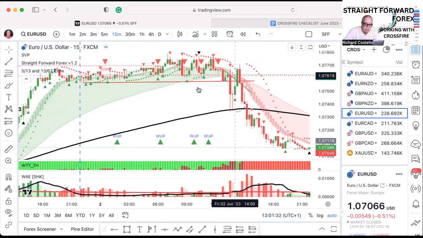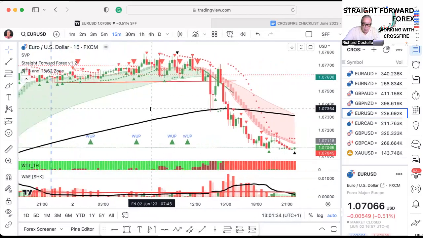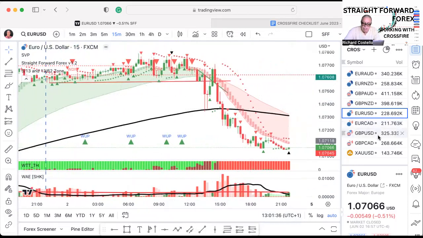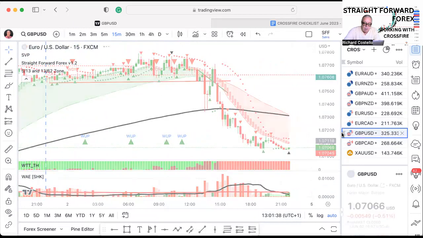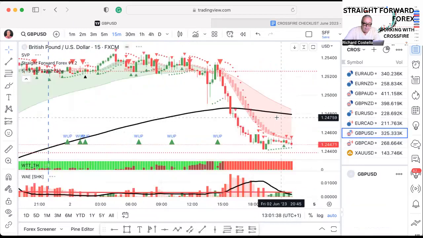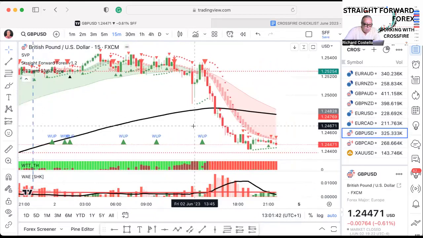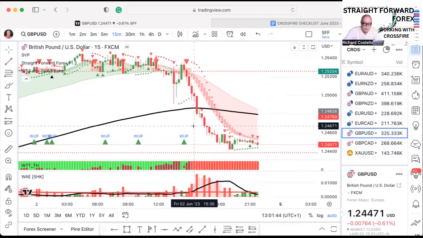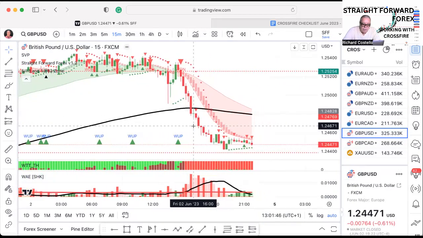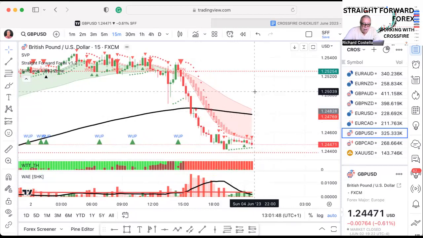But basically, on any chart, let me just go to a different chart, see if I can see anything there. No, this is difficult to show on a video because they're only there in real time.